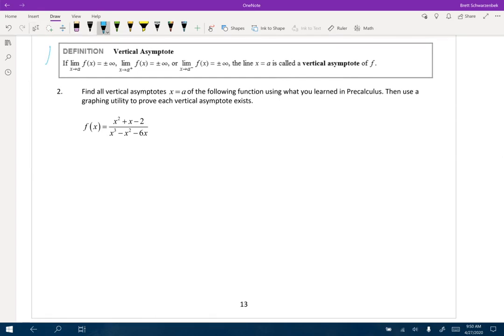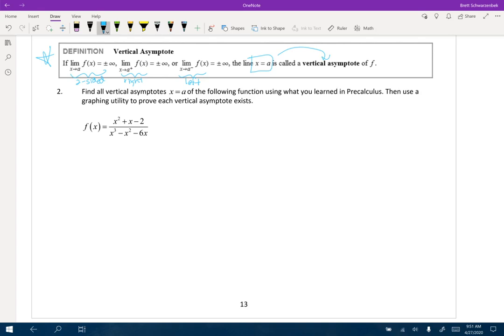Definition. It says, if you can find that this is the two-sided limit, or either one of the one-sided limits, so right-sided, left-sided, if you can find that as x approaches a, either two-sided, right-sided, or left-sided, any of them, if any of those limits are positive or negative infinity, you can immediately claim that x equals a is the vertical asymptote of the function.